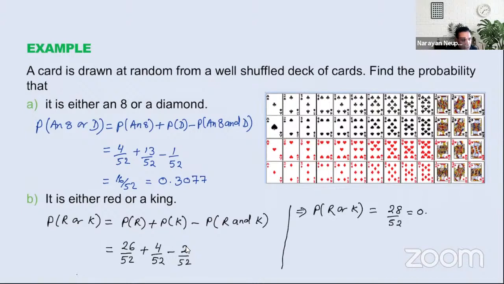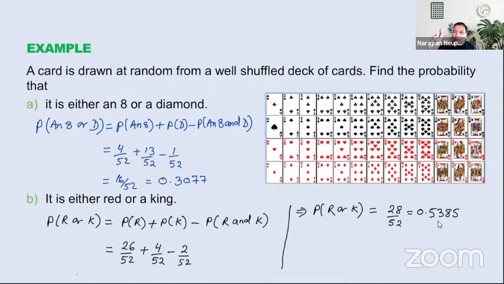What I get here is 0.5385. So the probability that the card is a red or a king is 0.5385. So this is how we can solve the problem involving the word or, that is the addition rule problem.